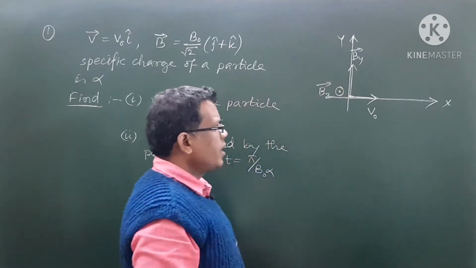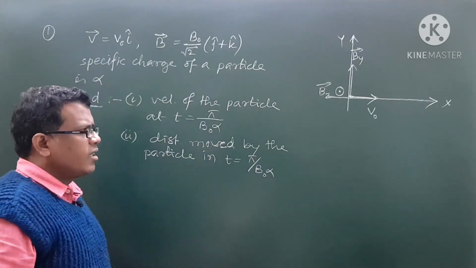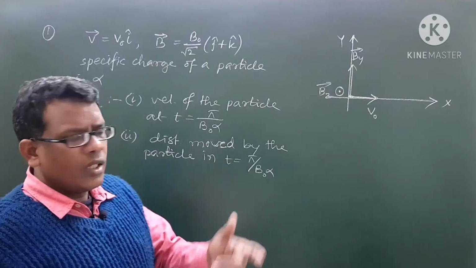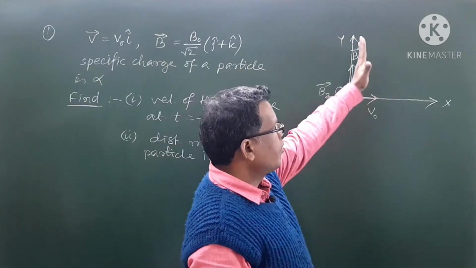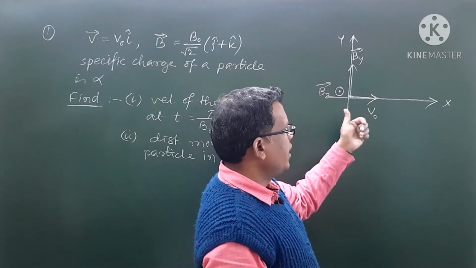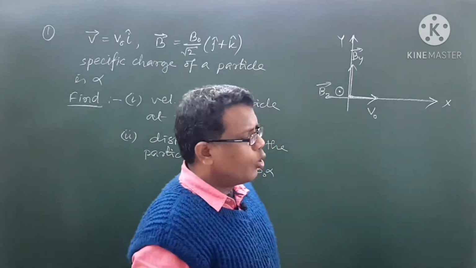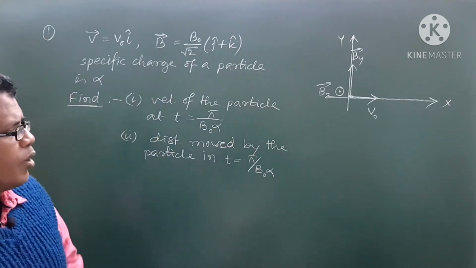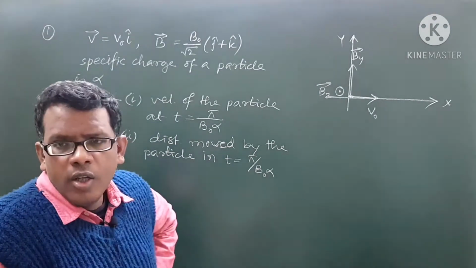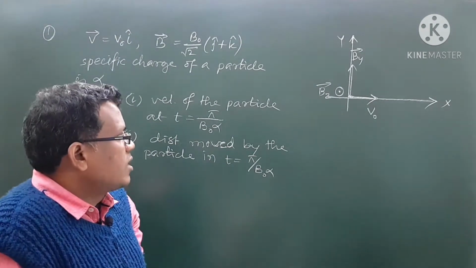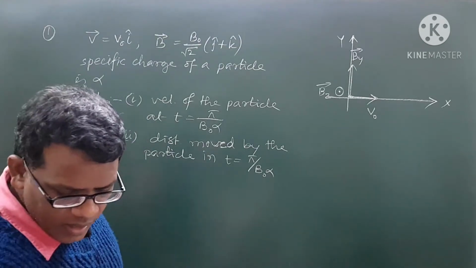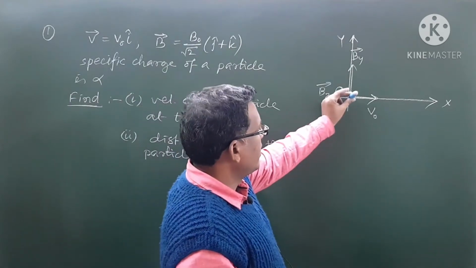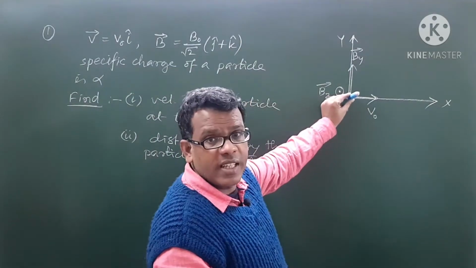So as soon as the charged particle enters the magnetic field region, both the y component and the z component of the magnetic field are perpendicular to the velocity of the charged particle.